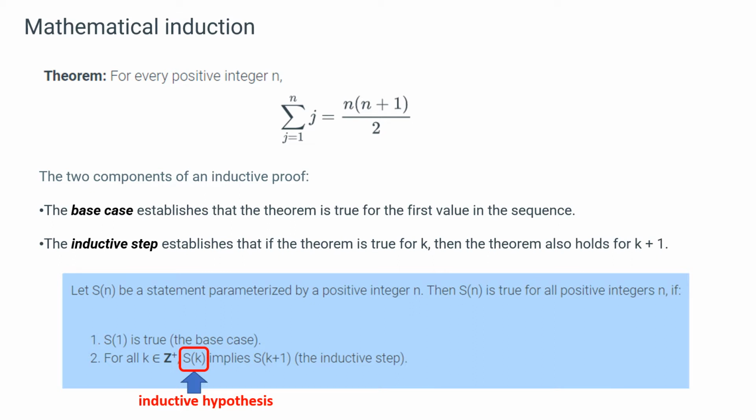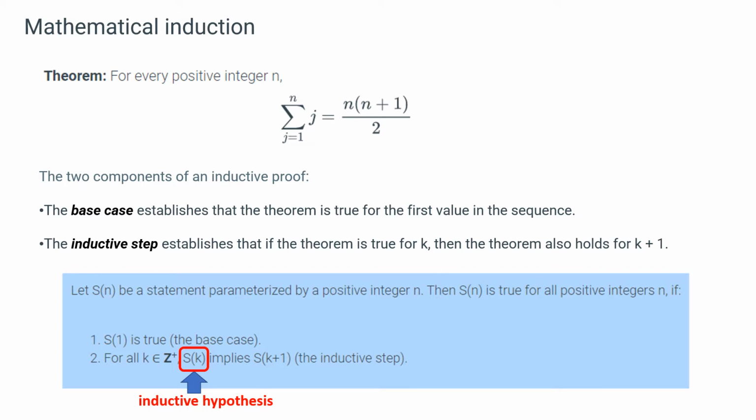Now, inside the inductive step, we're always going to make an assumption and then try to prove something else. We're going to assume that the statement is true for n equals k, and then we're going to try to prove that based on that assumption, we can show that S is true for k plus 1.